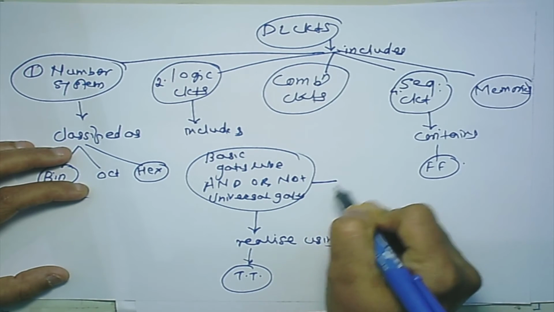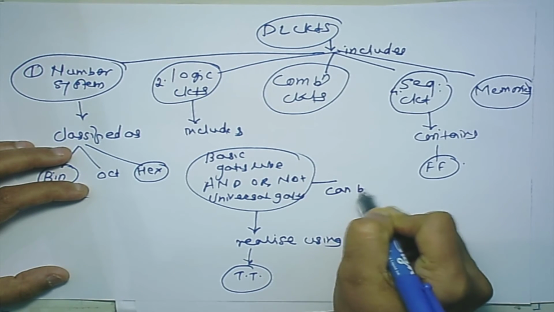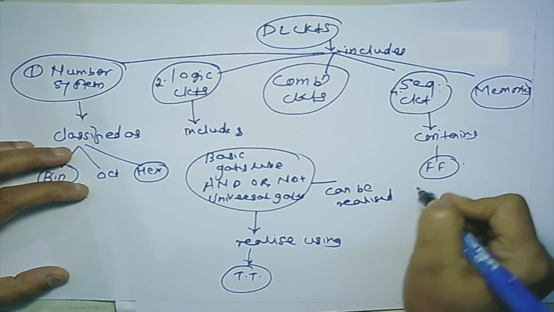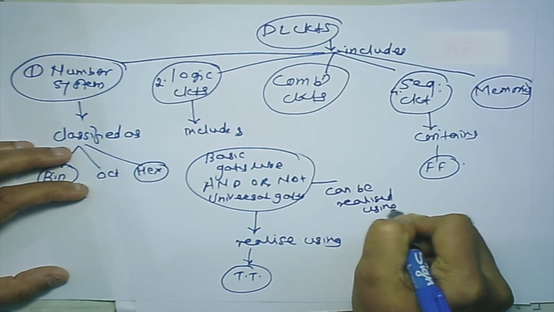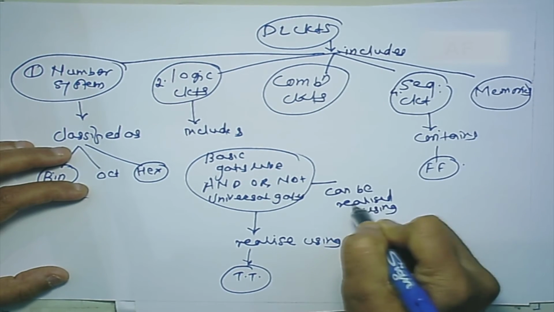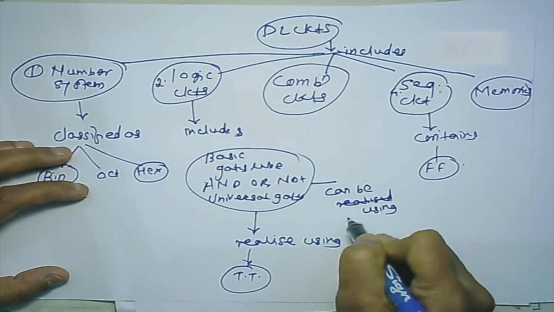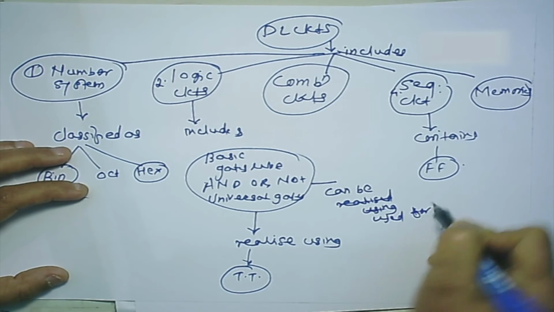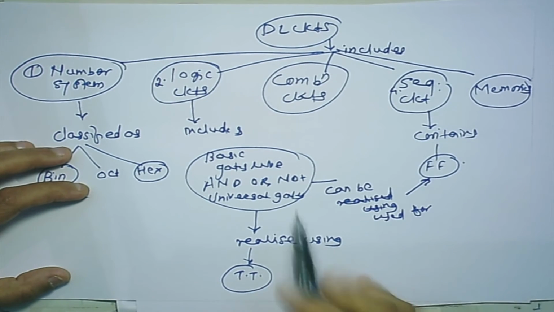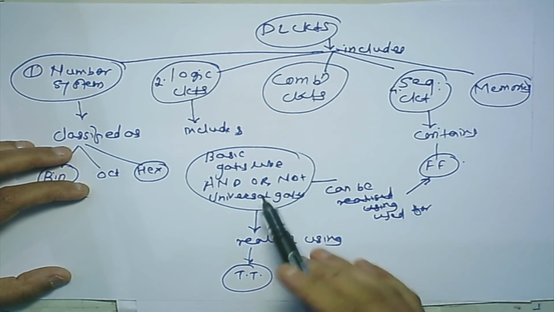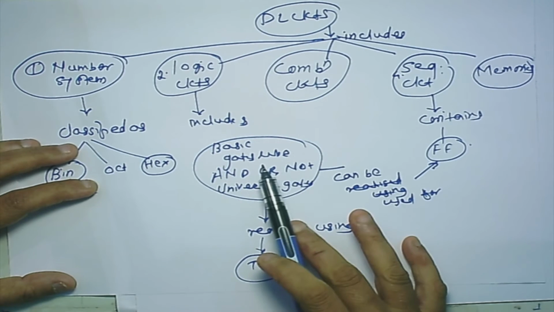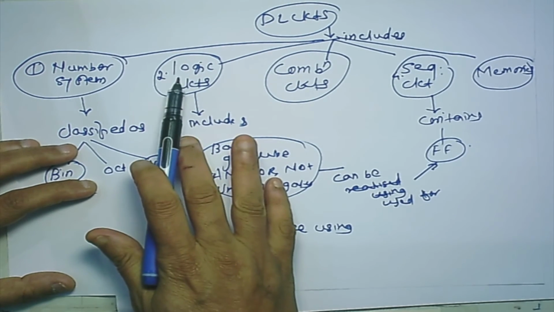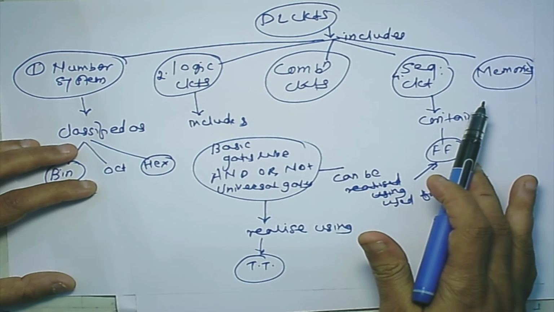So basic gates can be used for flip-flops. Here is a cross link: if you teach basic gates, students will be able to realize flip-flops as well. So there is a connection between the second chapter and the fourth chapter.